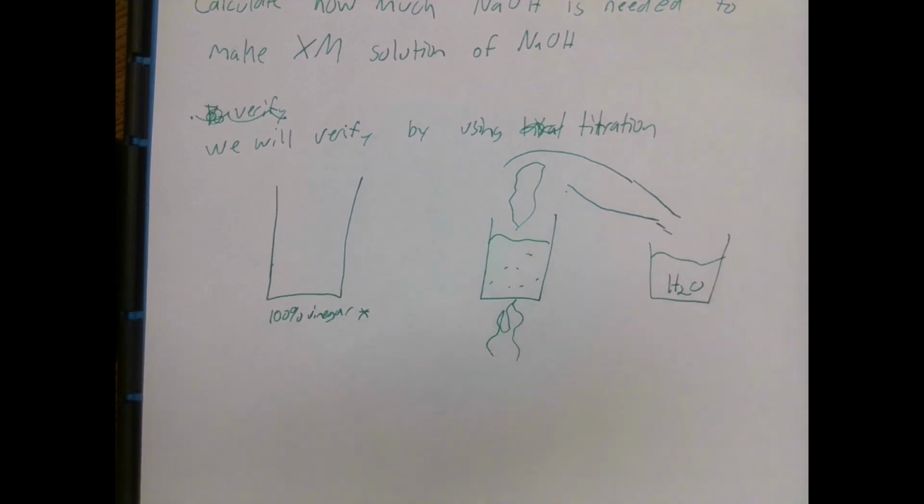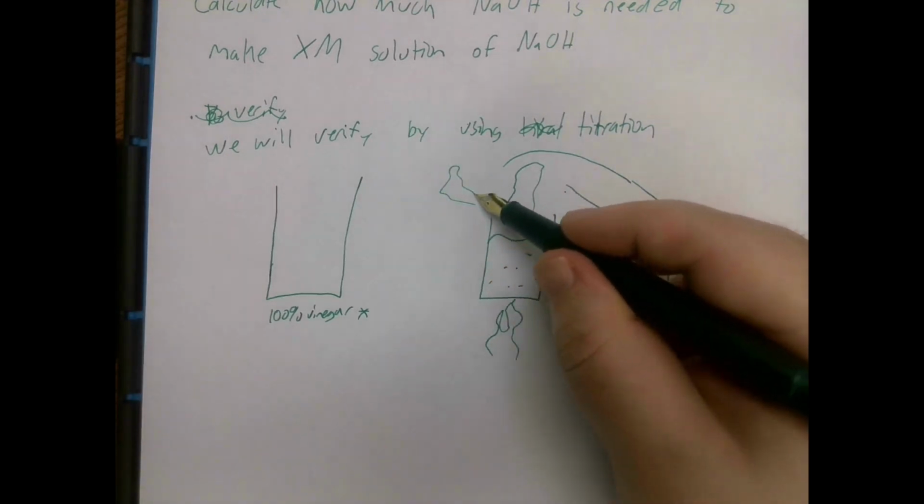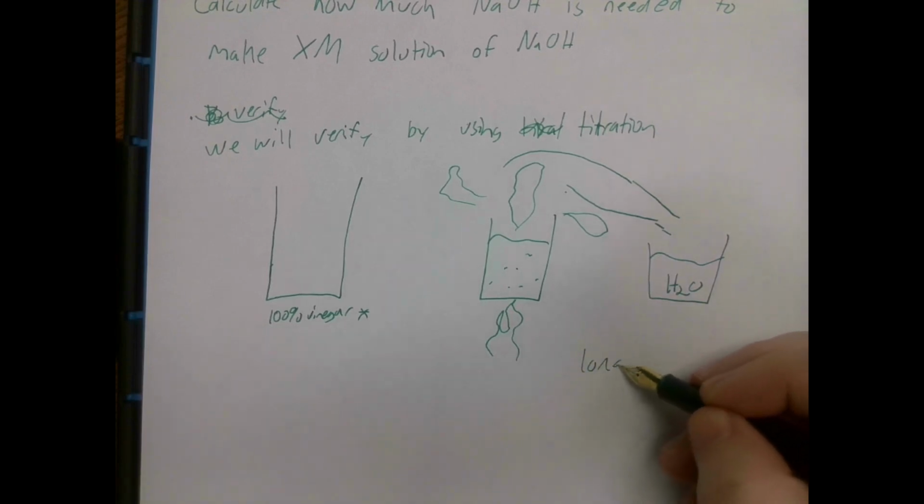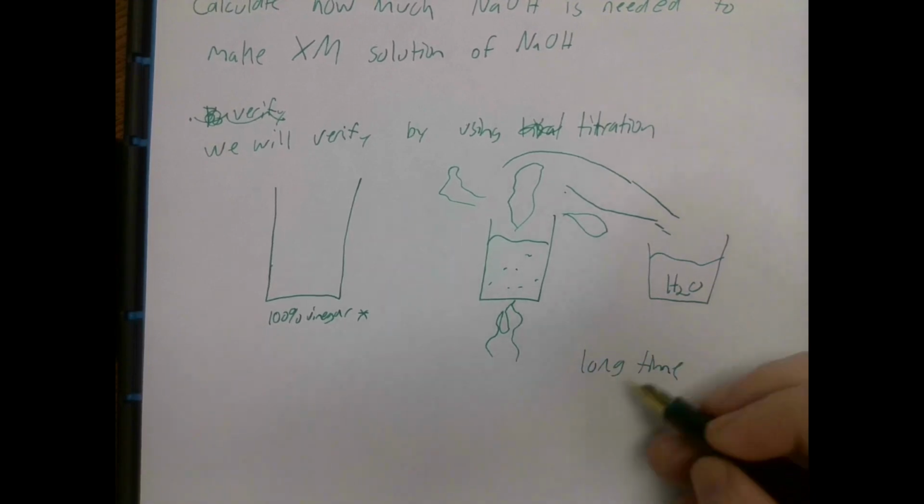So how long does it take to boil water? And how difficult is it to collect all the steam without it going out to the side? So it takes a long time, and you don't make much.